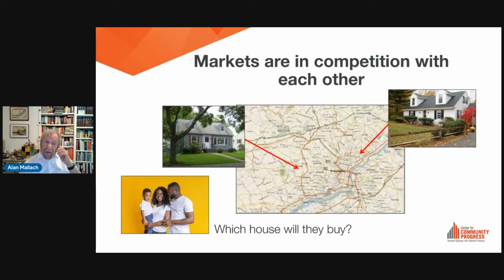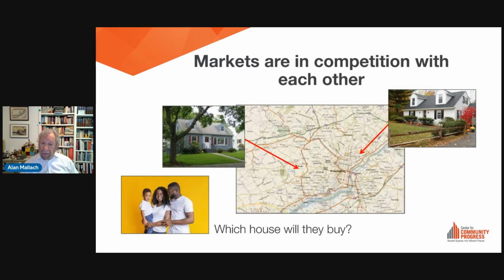The other thing I mentioned is that neighborhoods are competing. The neighborhoods may not know they're competing, but they are, especially in a large region. There are likely to be more than one neighborhood that fits the profile of what a particular family is looking for.